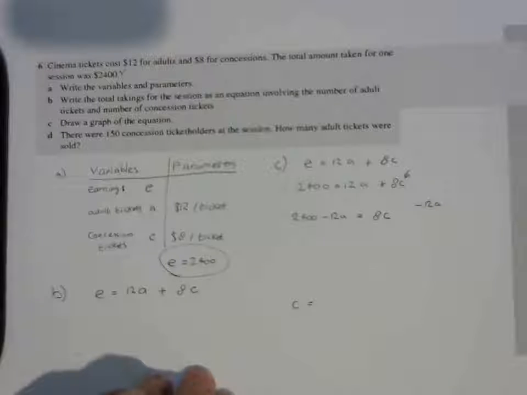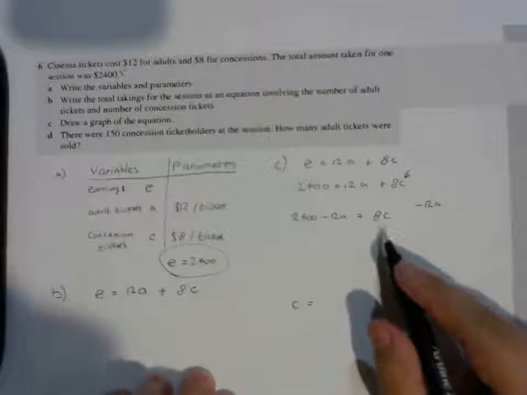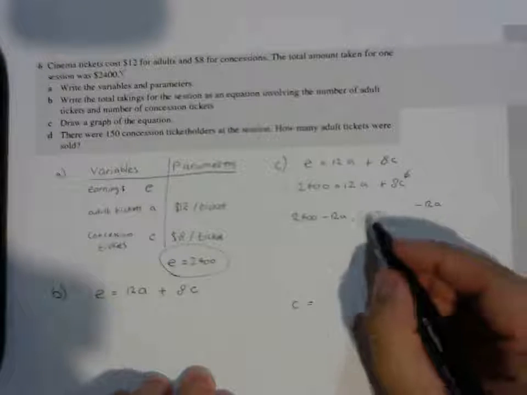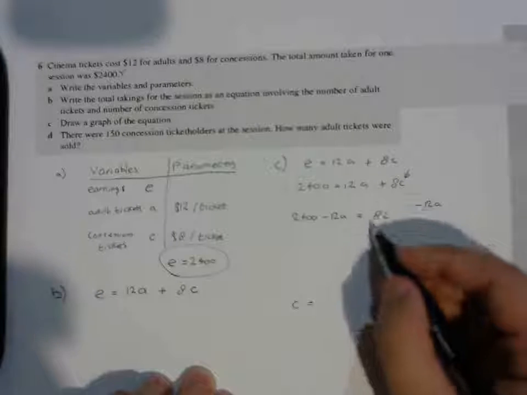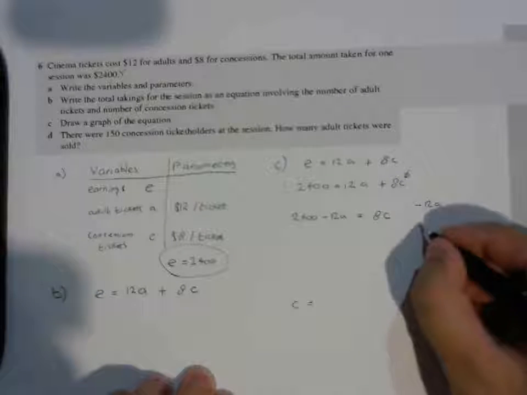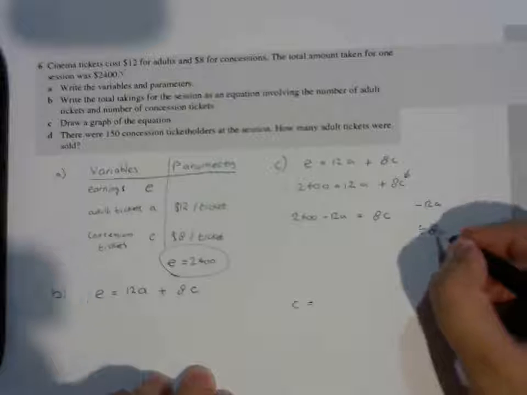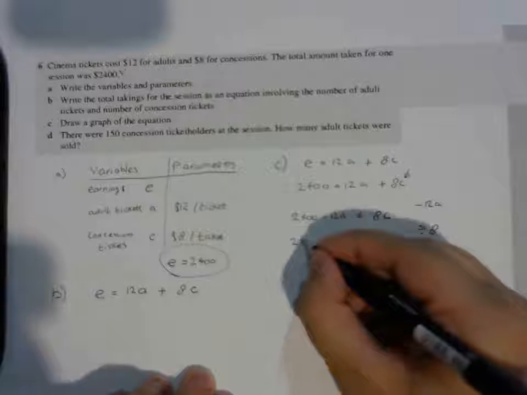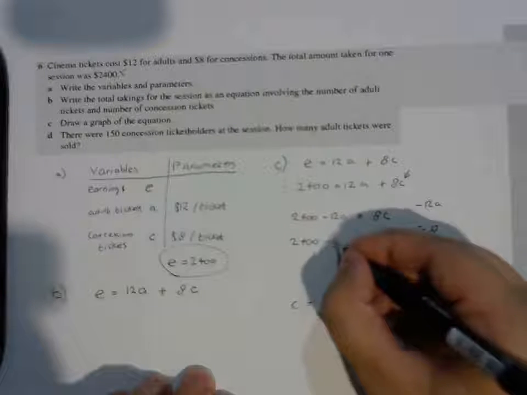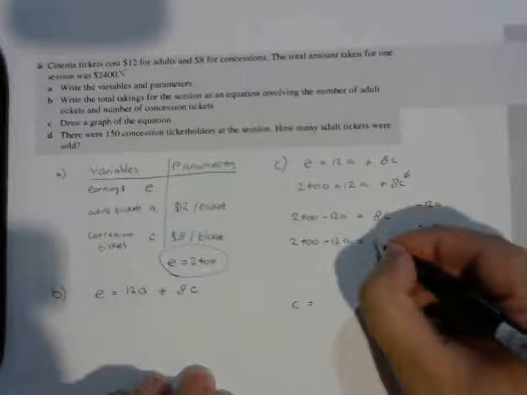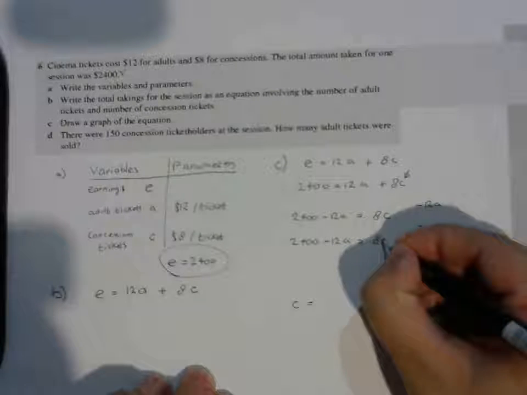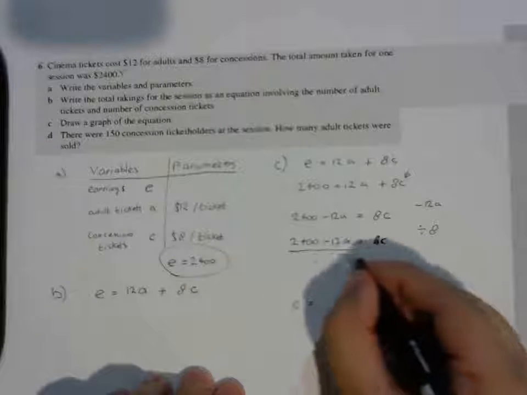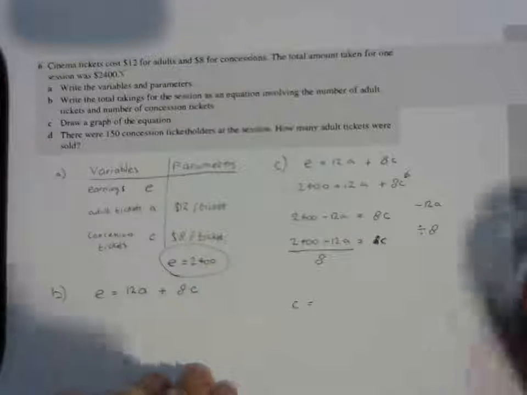Now I'm going to look at my multiplication or division terms, and I can see that I've got this 8 times C term. The opposite of times 8 is divide, so I'm going to divide both sides by 8. So we're dividing this side by 8.